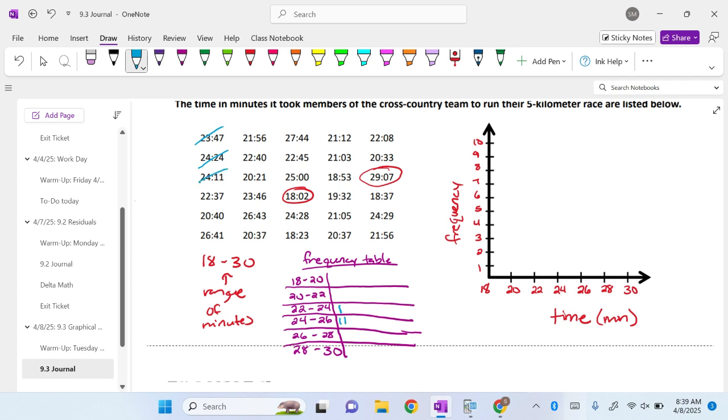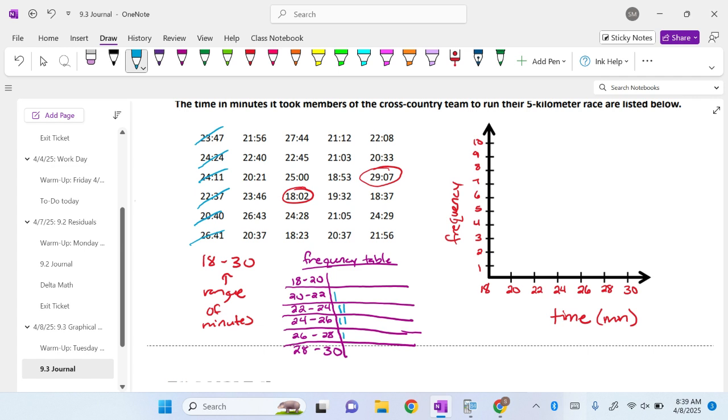What's the next one? 22, 24. What's the next one? 2022. What's the next one? 26, 28. All right. So you guys get the gist of what I'm talking about? How you make that frequency table?